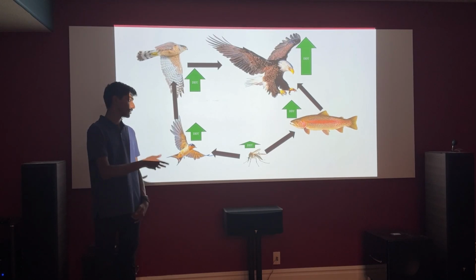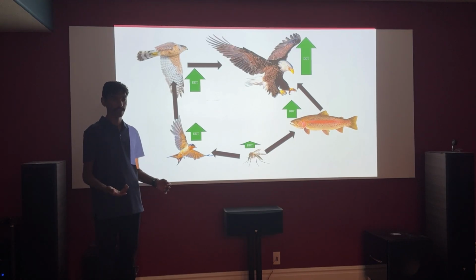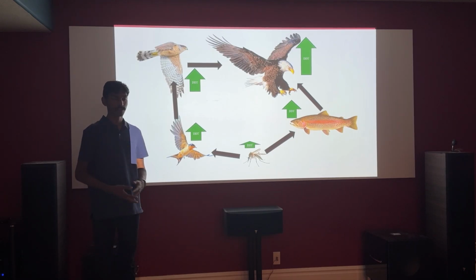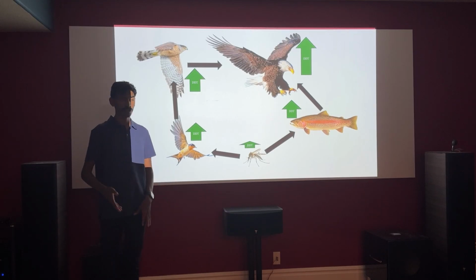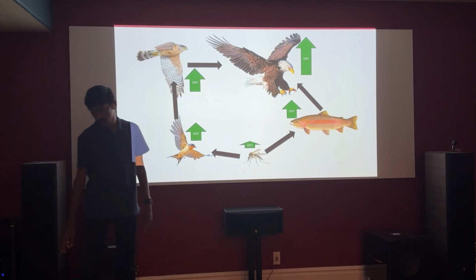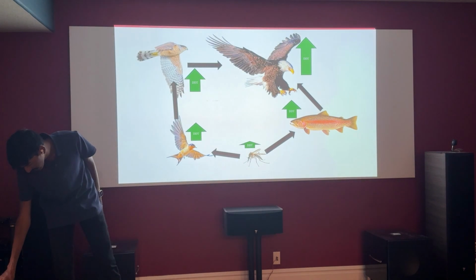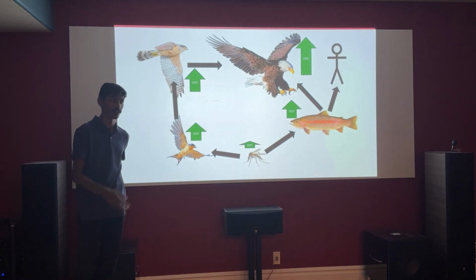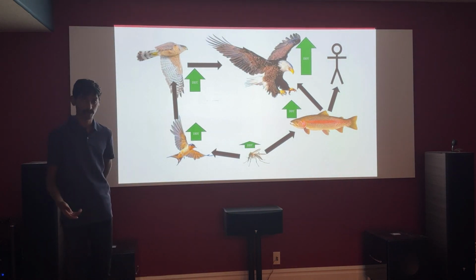All because an ecosystem is like a Jenga tower. Everything depends on everything else for support. If you knock out that bottom peg that's holding everything together, the entire thing's going to collapse. That's why it's important that we study it here. It's even worse because it can also affect us. Humans are also a part of the food chain. We rely on crops that may have been dusted with DDT.